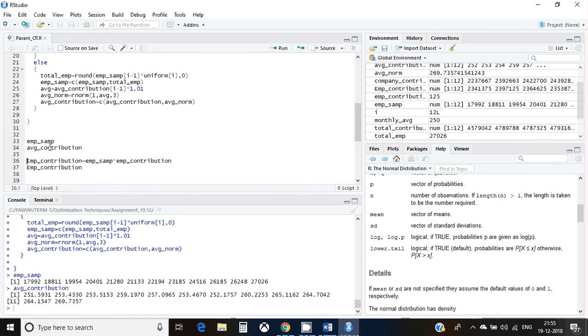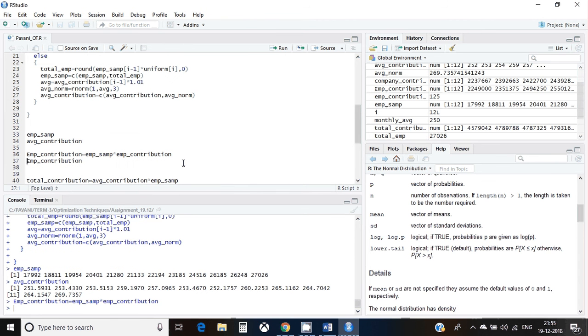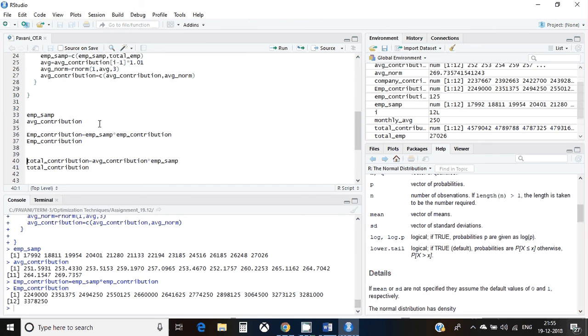This particular vector, average contribution, represents the average contribution per each month in the coming year. This particular employee contribution represents the contribution of the employees for each particular month in the coming year.